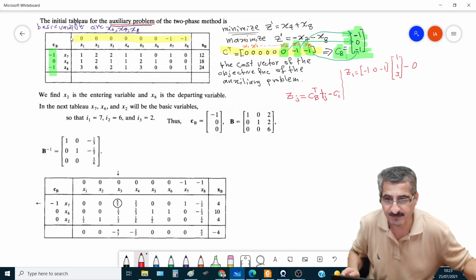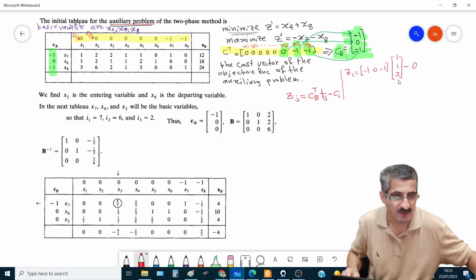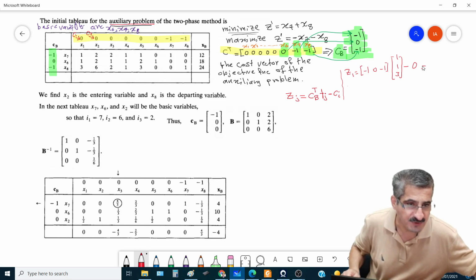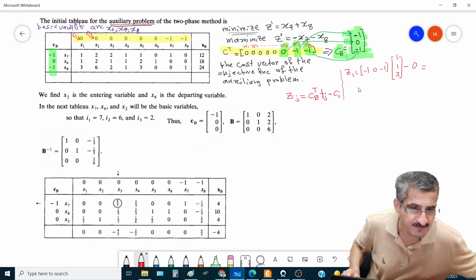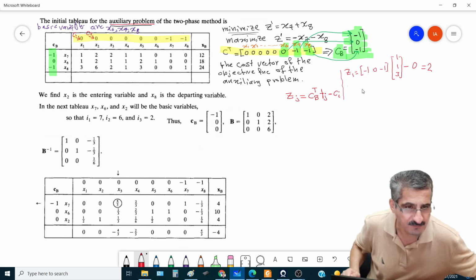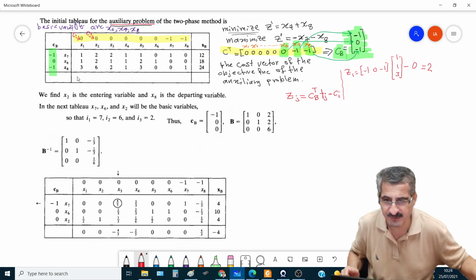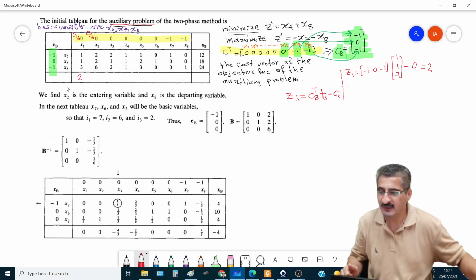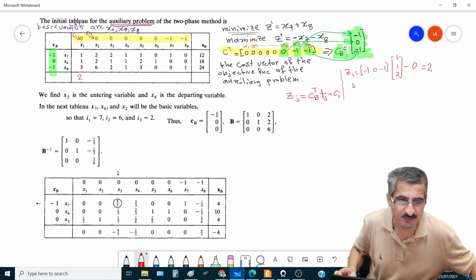This is C1, right? This is T1. This is C2, and so on. Compute this, what we get, -1 plus 3, it is 2, minus 0, it is 2. Good. Now help me please to compute the remaining ones.